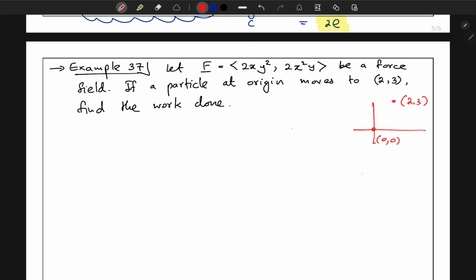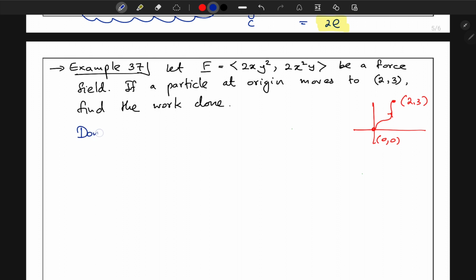Find the work done. Now we don't know what the path is. So since we don't know that, our guess is this might be a conservative field, so we don't need the actual path, we only need the endpoints.